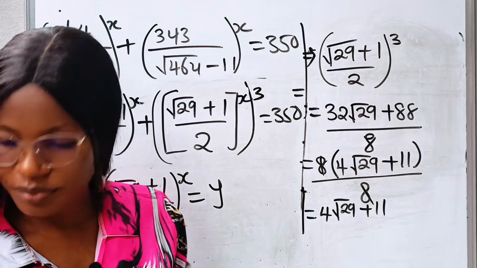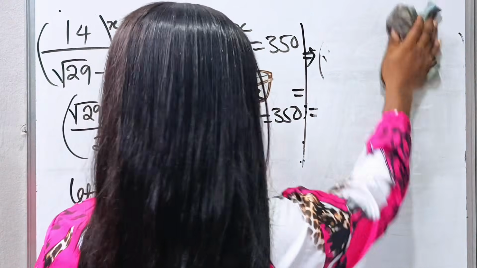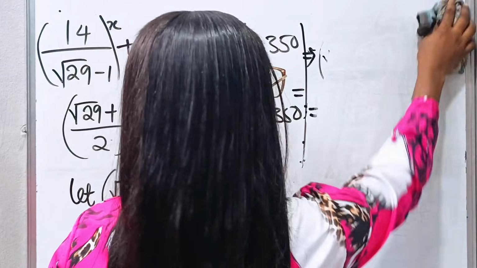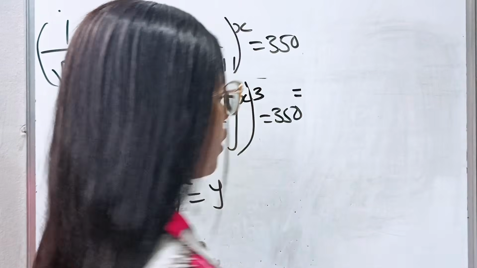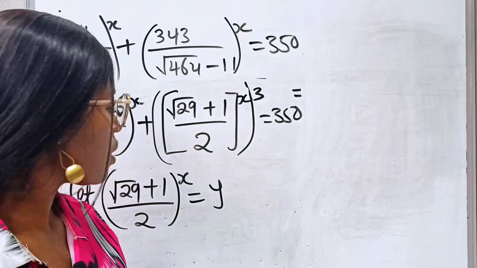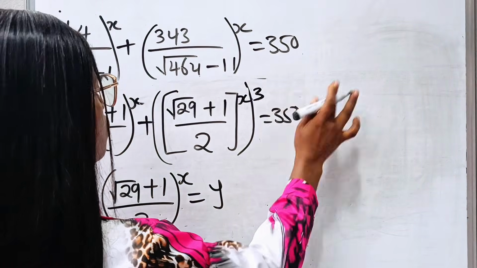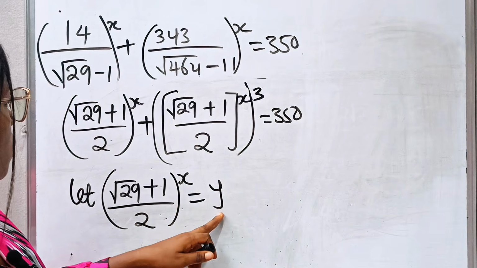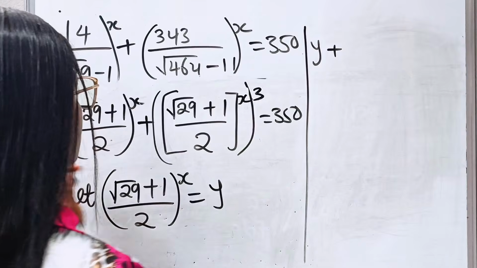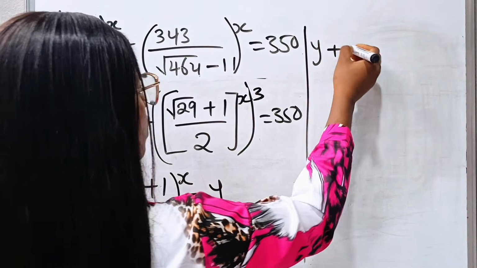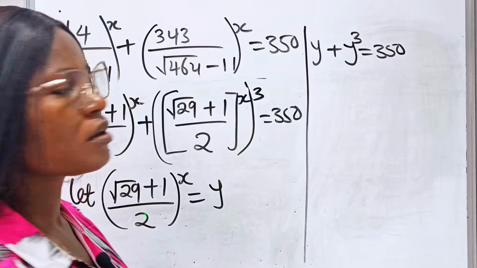If we do that, that simply means that we will now change this equation to y plus y to the power of 3 is equal to 350.